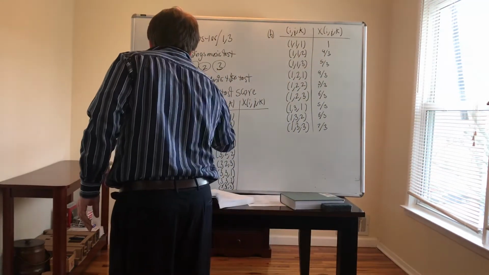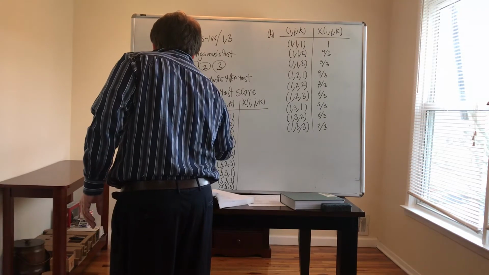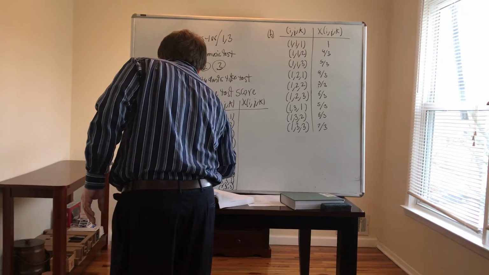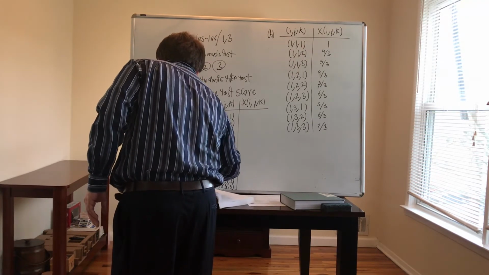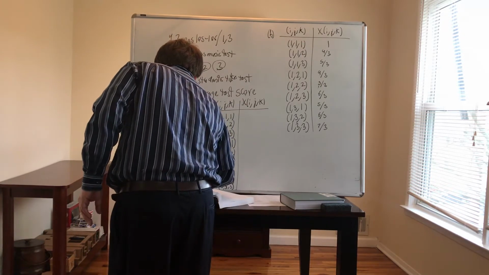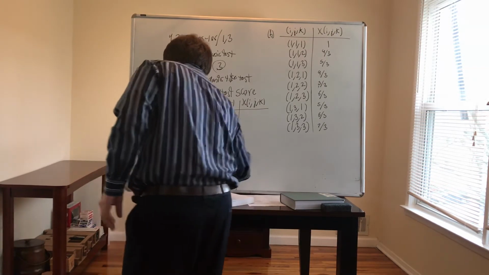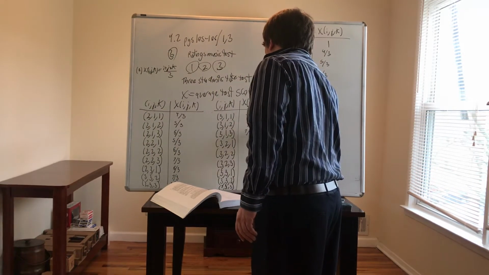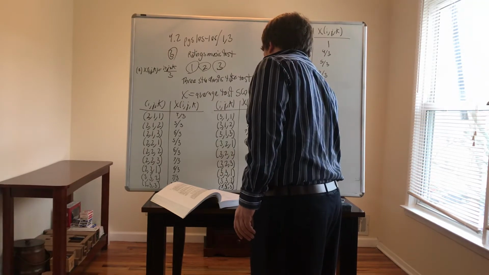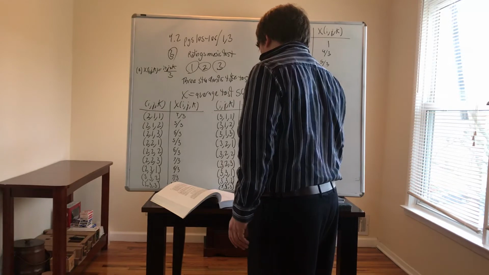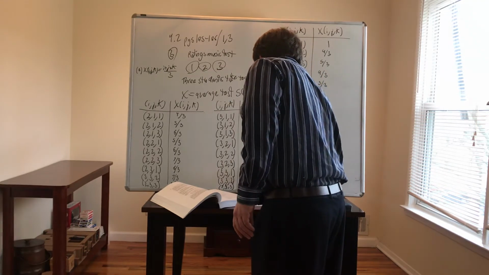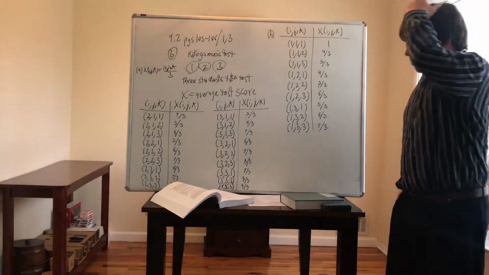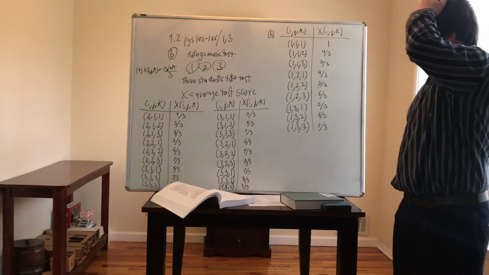Over here, we have 4 over 3, 5 over 3, 6 over 3, 5 over 3, 6 over 3, 7 over 3, 6 over 3, 7 over 3, 8 over 3, 5 over 3, 6 over 3, 7 over 3, 6 over 3, 7 over 3, 8 over 3, 7 over 3, 8 over 3, 9 over 3. Okay? So those are all the values for all 27 of them. You just add them up and divide by 3.